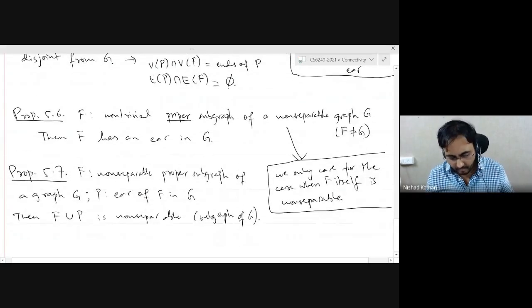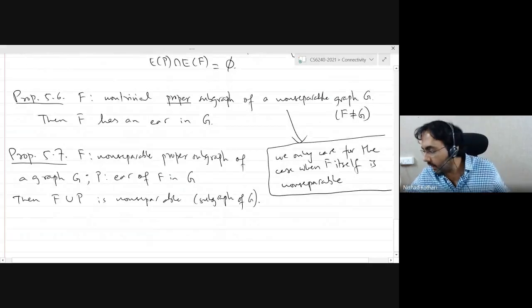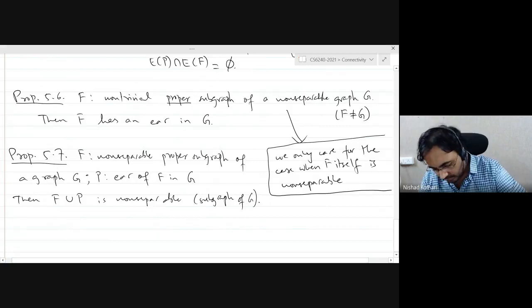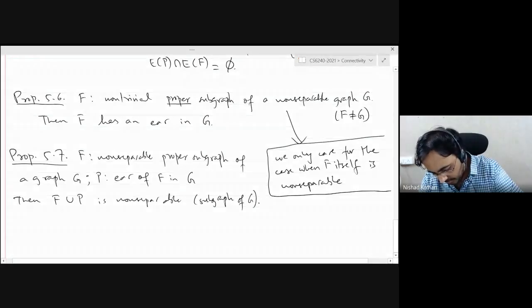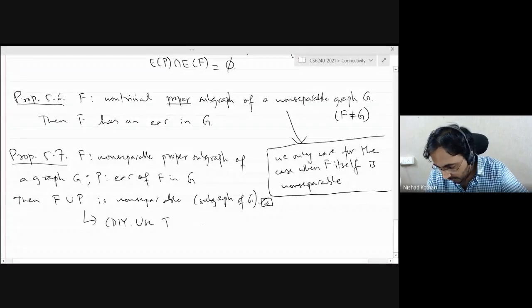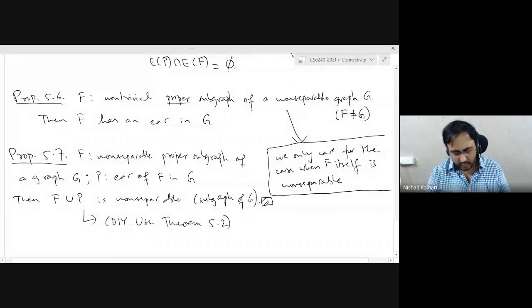So let's see how much time we have now. We have 4 more minutes. Okay, so we will actually be having time to prove this. This one, 5.7, is an exercise. And I will give you a hint. Use Theorem 5.2. What was 5.2 again? Can somebody remind me?